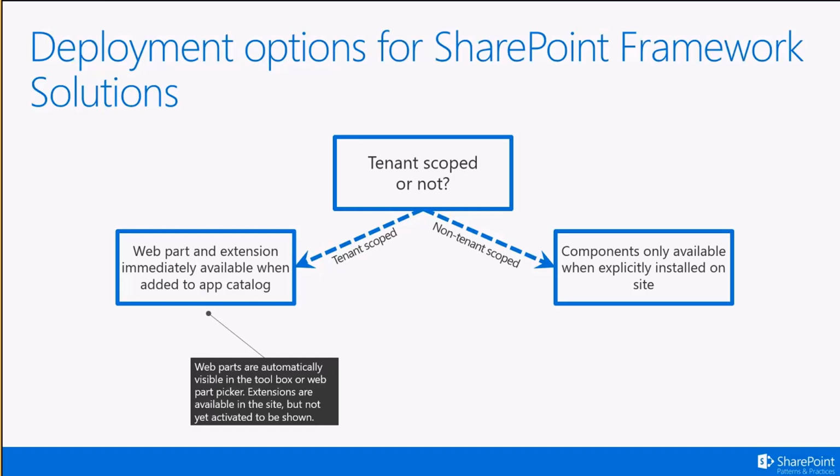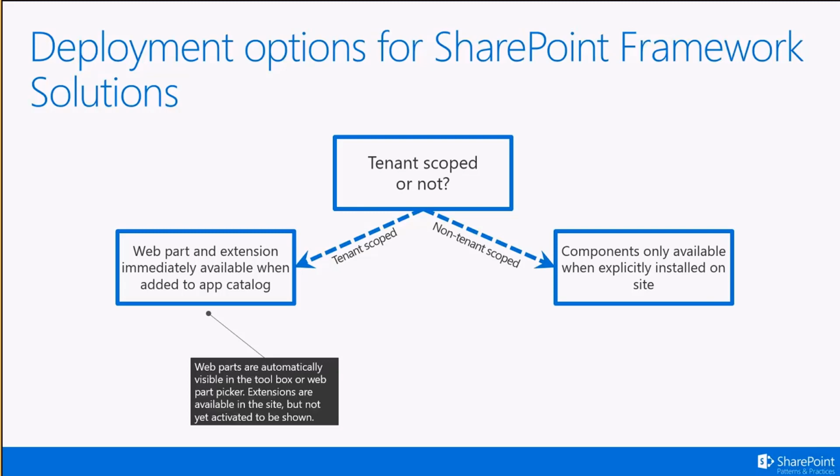That's a slightly different scenario because in this case, let's concentrate first on the web part. The web parts in SharePoint Framework solutions get deployed in such a way that when you activate that solution in the app catalog, we enable the flag for that web part to be available to be used across the whole tenant.